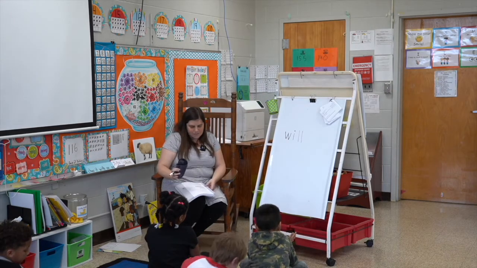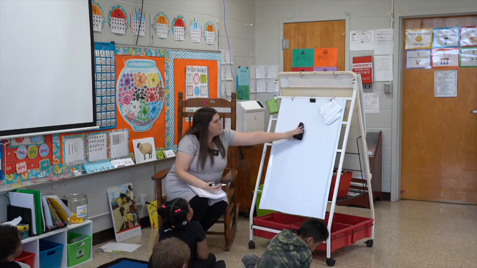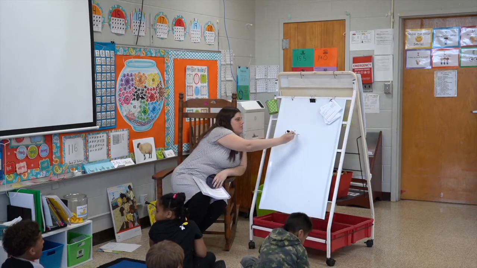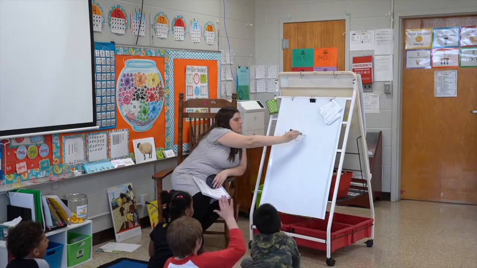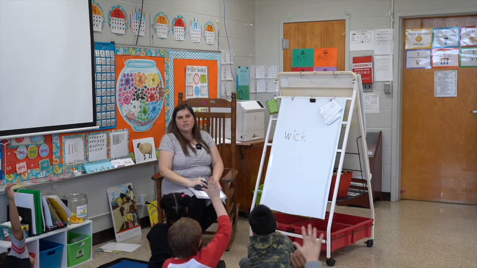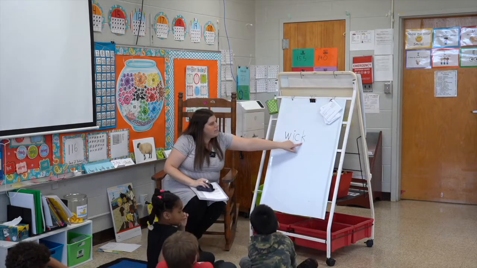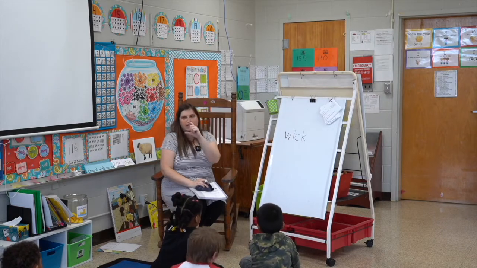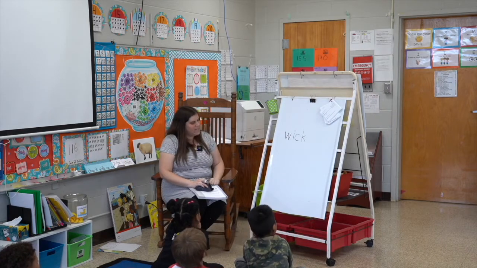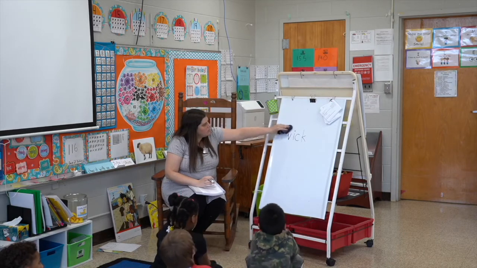Oh, good. Okay, this time I'm going to change the ending. Raise your hand when you think you can read this. Let's see. Molly. Wick. What? Wick. Wick is the little string in the candle, the part that burns, the little white string. That is a wick. Okay. Now I'm going to change the first sound.